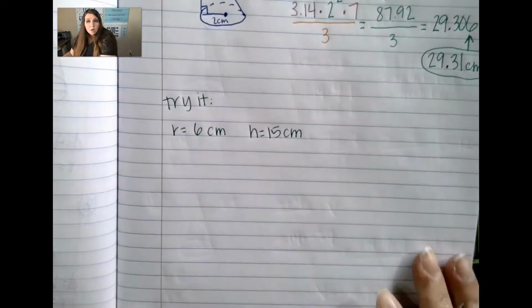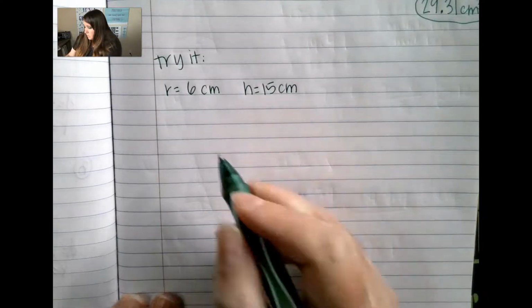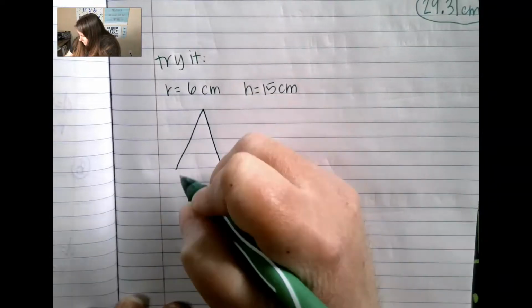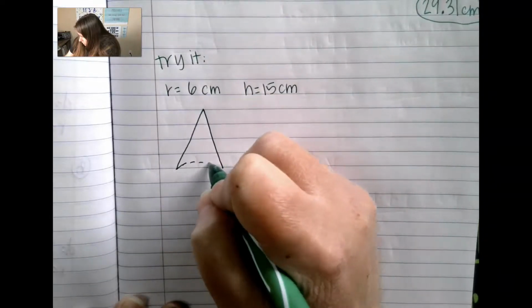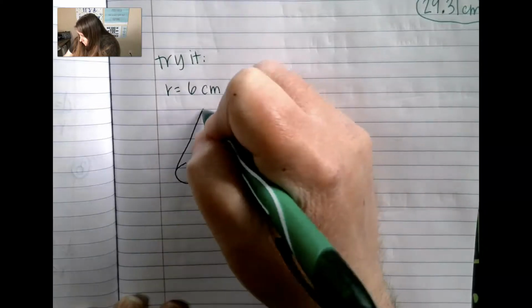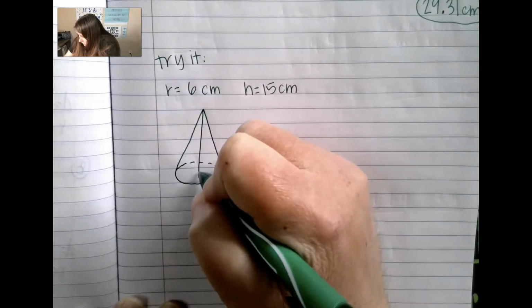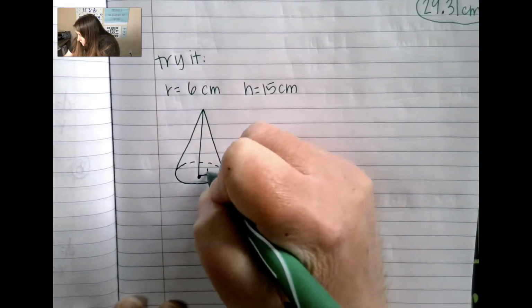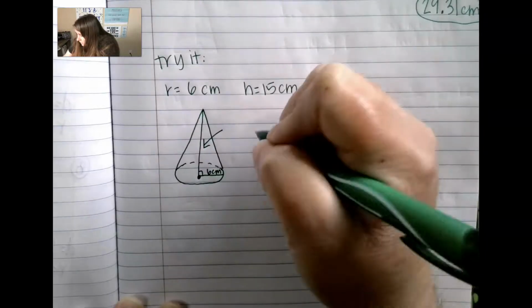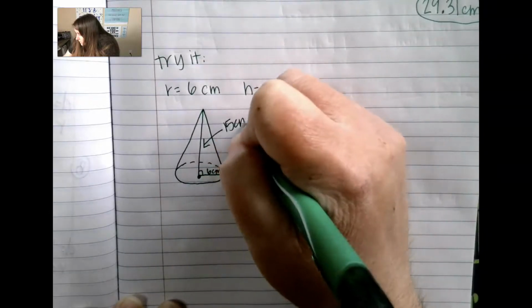So I'm going to draw this cone out for you so that way you have a cone to look at. Not sure how great my cone drawings are here, but we have a radius of 6 centimeters. Height is on the right, and so that gives us 15 centimeters here.